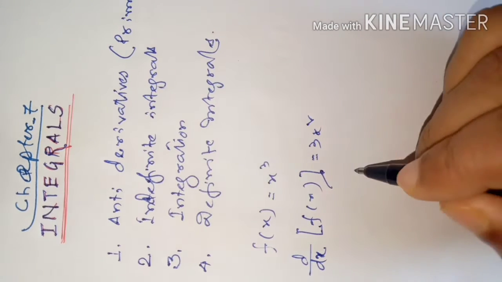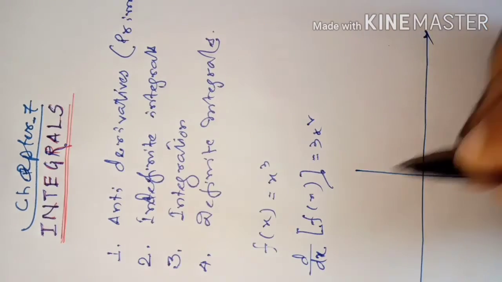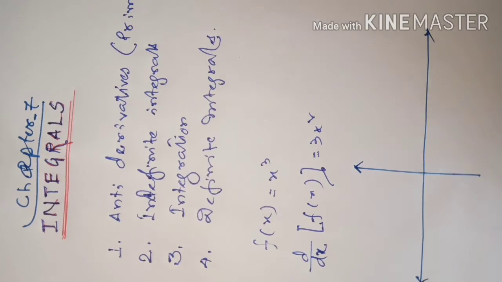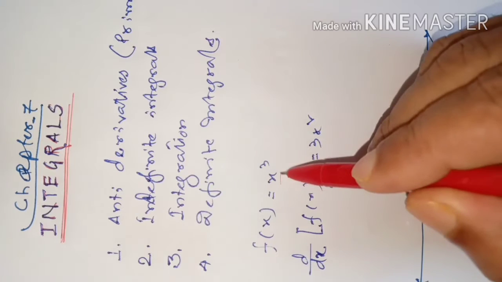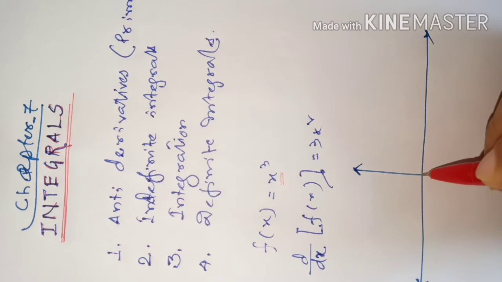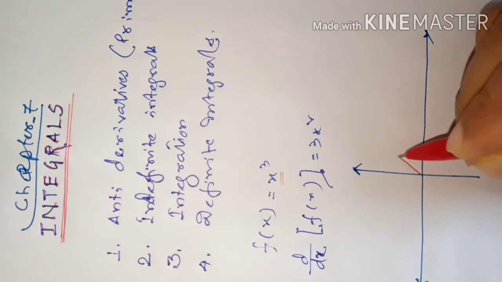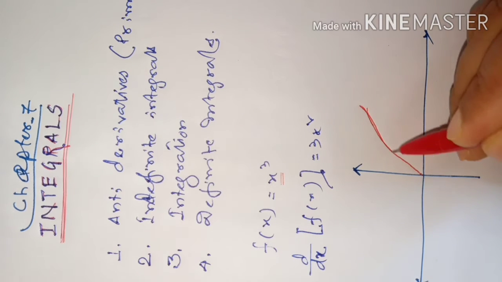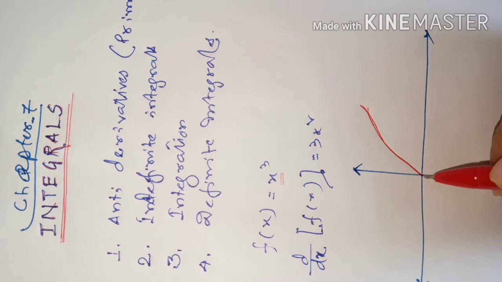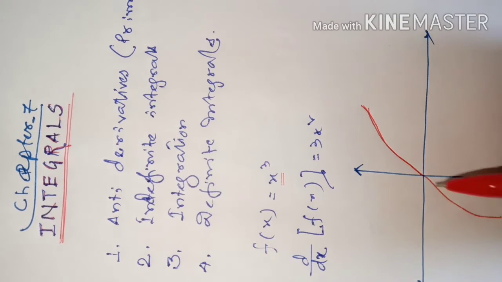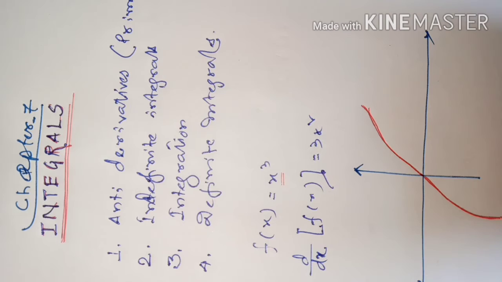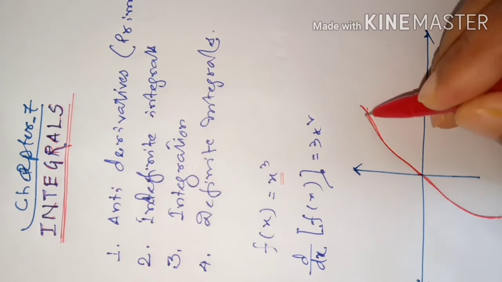Suppose this is the y-axis, this is the x-axis. I draw the graph of the given function f of x is equal to x cube. So what is its graph? In the first quadrant it goes this way, it increases, and in the second quadrant, as it goes towards the negative side, it goes downward, towards negative infinity, and in the first quadrant it goes towards positive infinity.